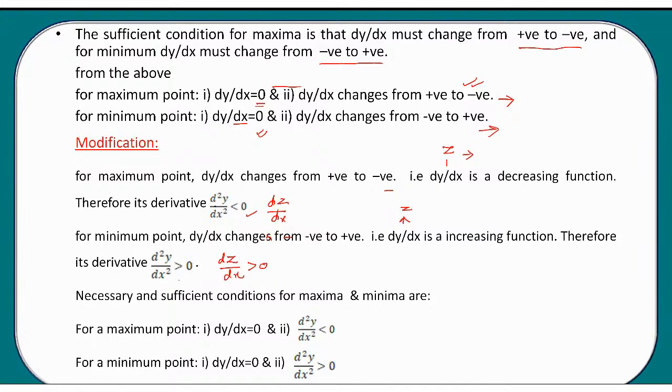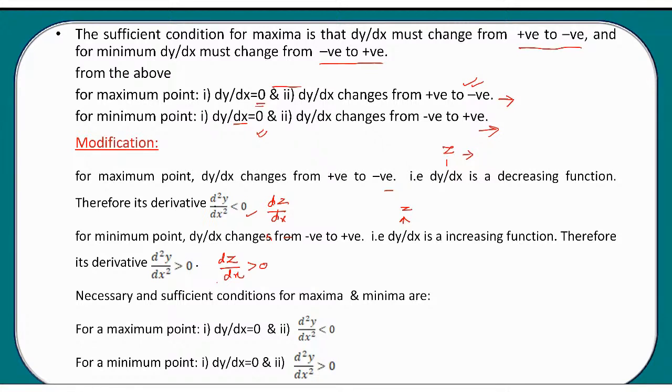which must be positive. So when you combine these two conditions, the necessary and sufficient conditions: dy by dx equal to 0 and the second derivative negative, we say the function attains a maximum. If dy by dx equal to 0 and its second derivative is positive, we say the function attains a minimum.